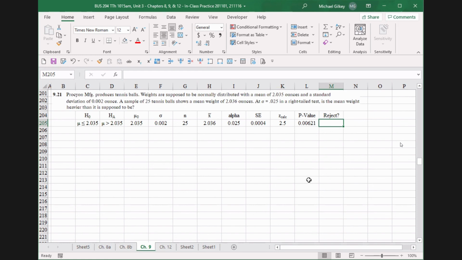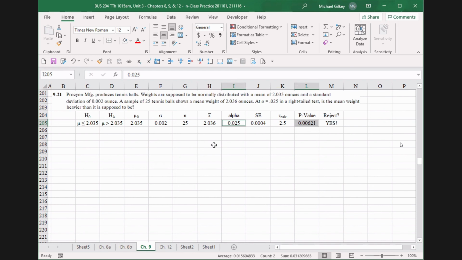Yes. Why? Because our p-value is less than 0.025. Our p-value is less than alpha. Does everybody see that? Okay. So what's our conclusion? Is the mean weight heavier than it's supposed to be?